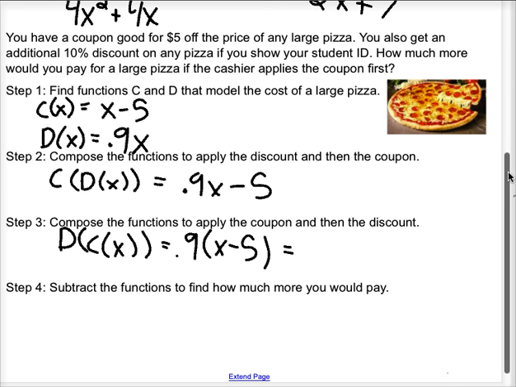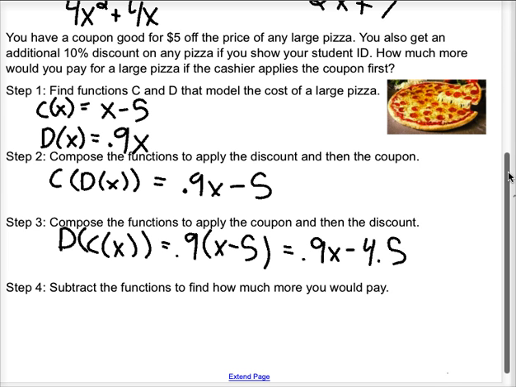Well, now you can see this is getting us a slightly different result when we distribute that. So notice we're getting two different answers.